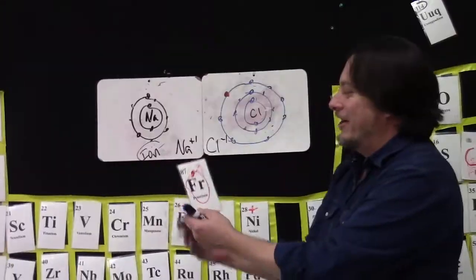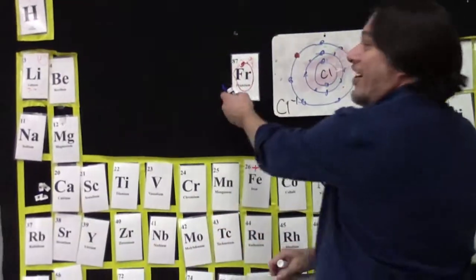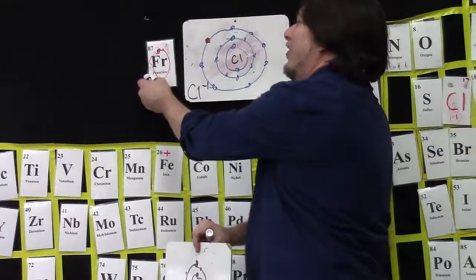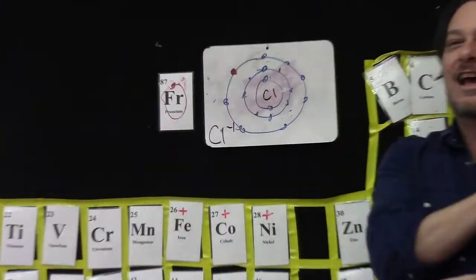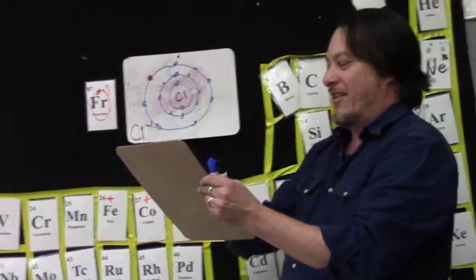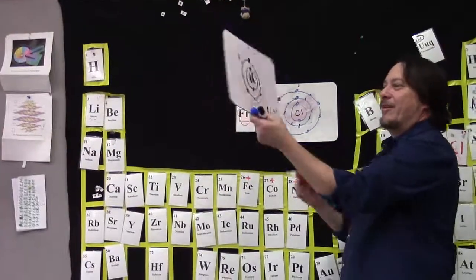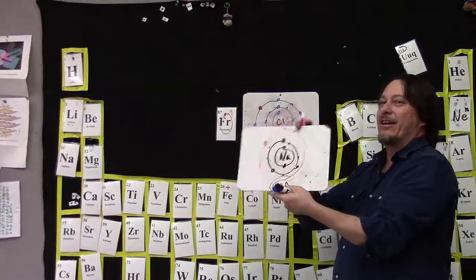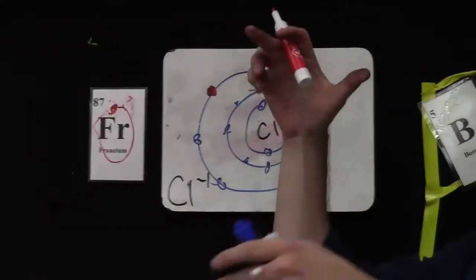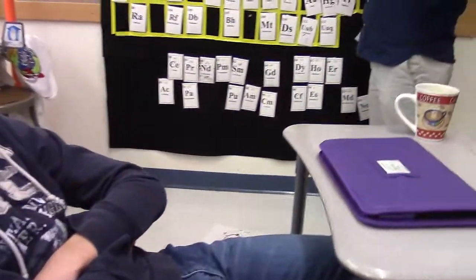And so next thing you know, sodium's home crying in front of the television, with its electron back, by the way. Chlorine's like, you can take your electron back because I found somebody I'm more attracted to. Sodium gets its electron back. It's no longer an ion. It cries in front of the television, and francium chloride is now a thing.